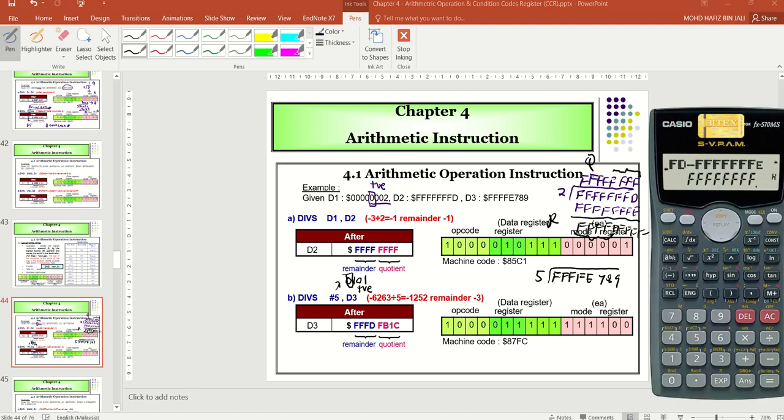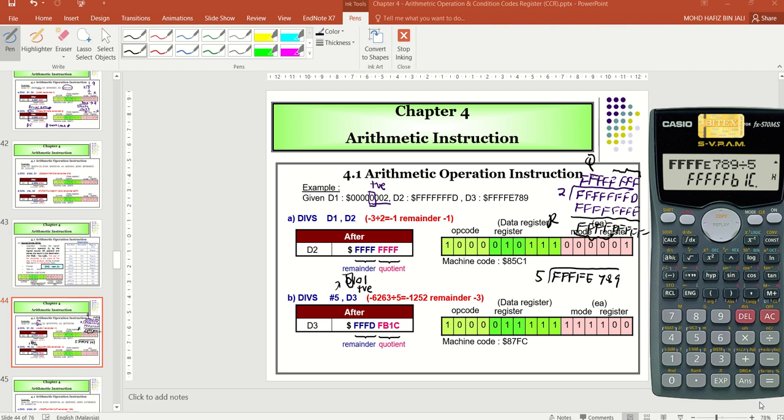So use your calculator. FFFFE789 divided by 5.